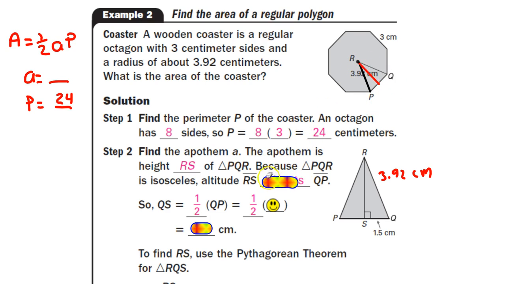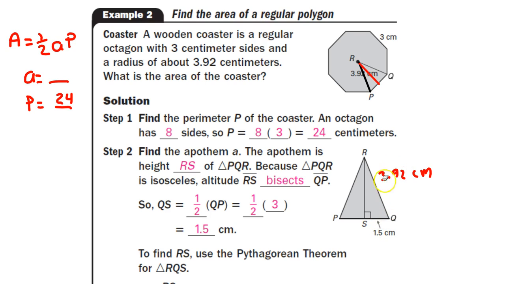So since triangle PQR is isosceles, then the altitude, as we learned, also bisects the base PQ. It's a median and a perpendicular bisector. So half of QP is 1.5, and so QS, they're saying, is 1.5 centimeters.